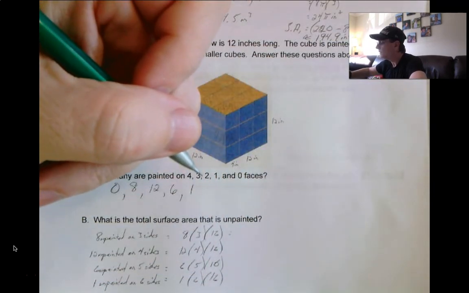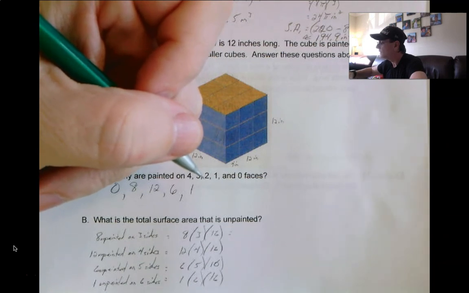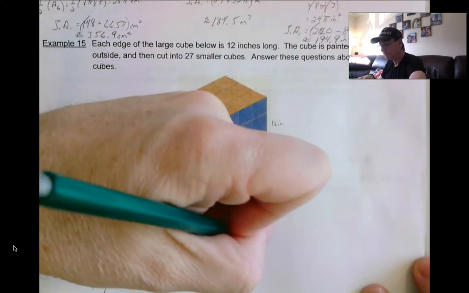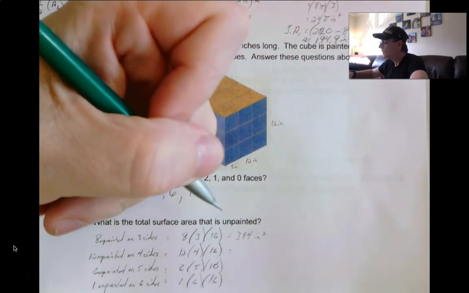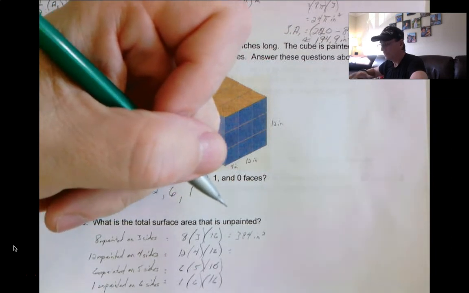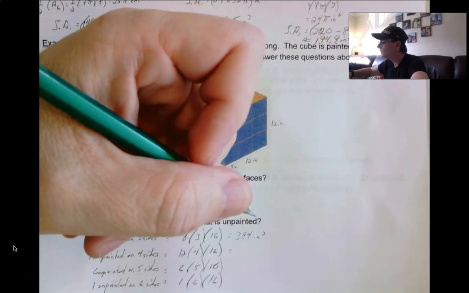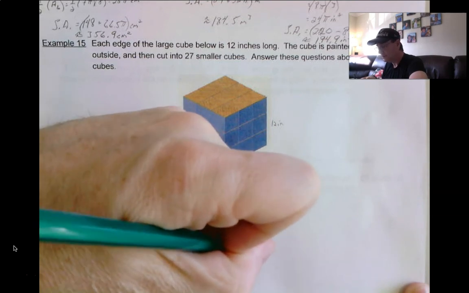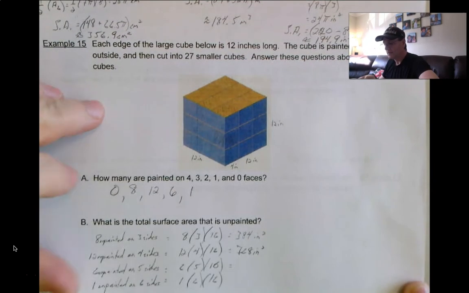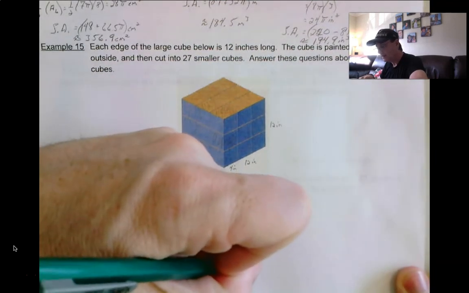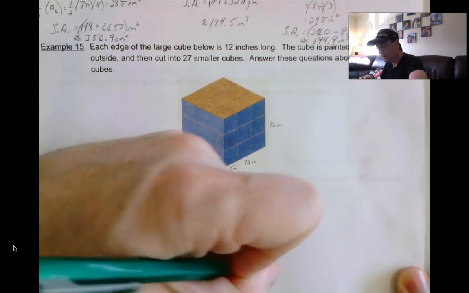So 8 times 3 times 16, 384 inches squared. 12 times 4 times 16, 768 inches squared. 30 times 16, 480 inches squared.